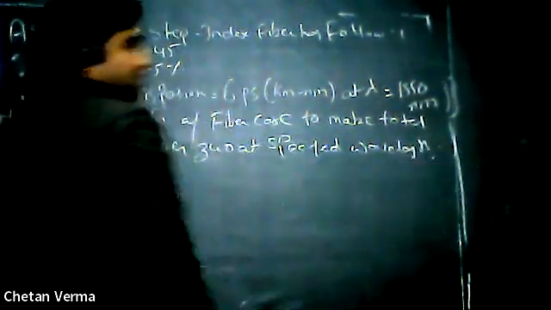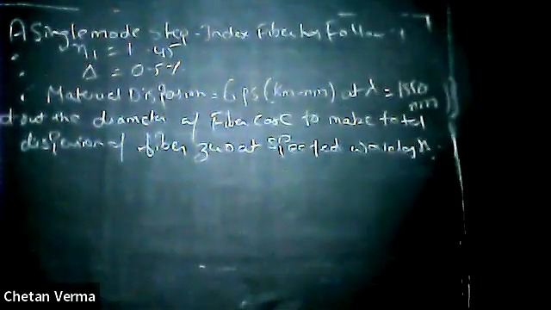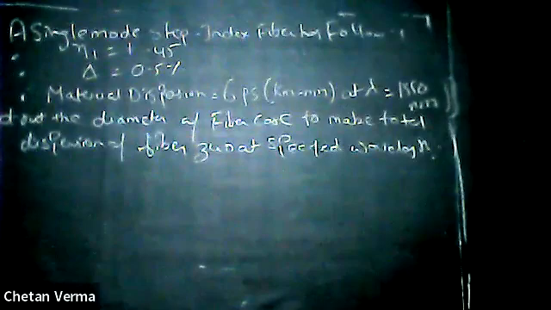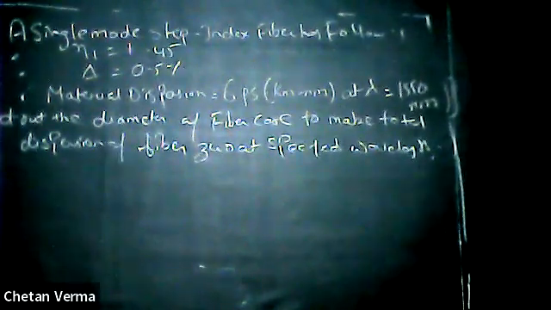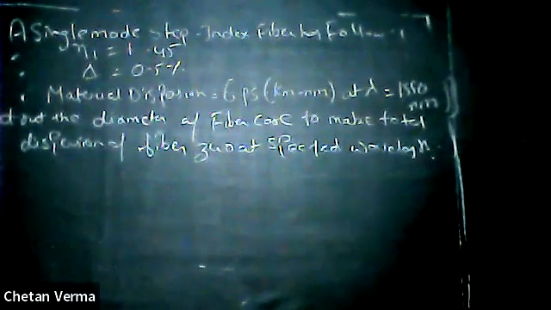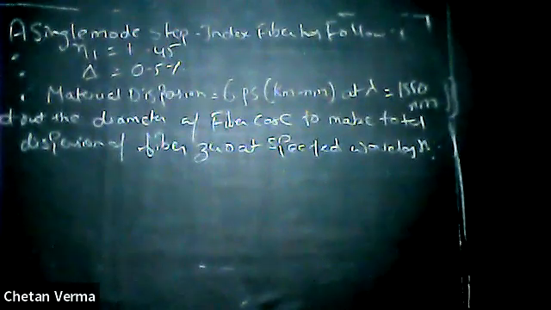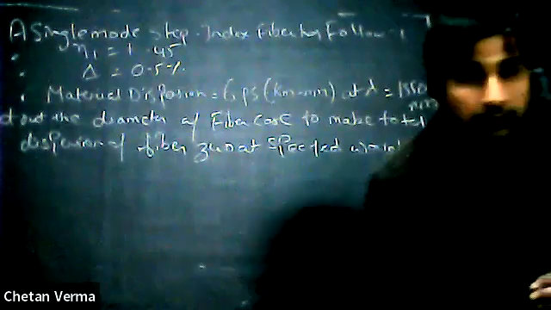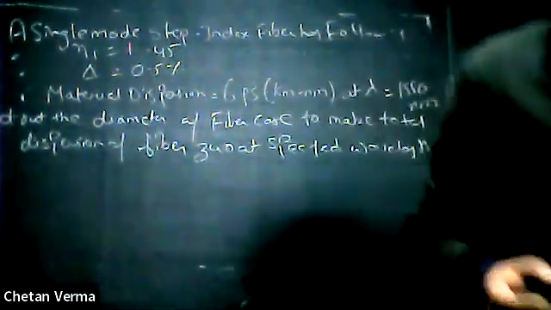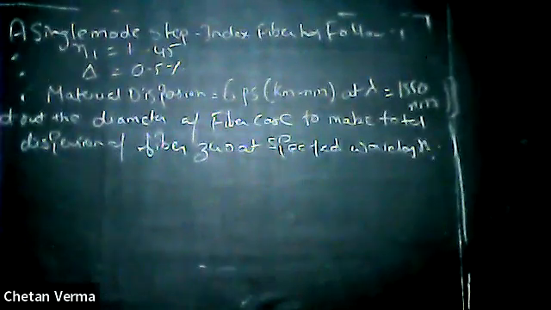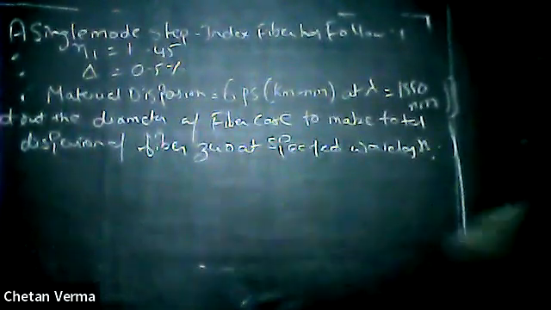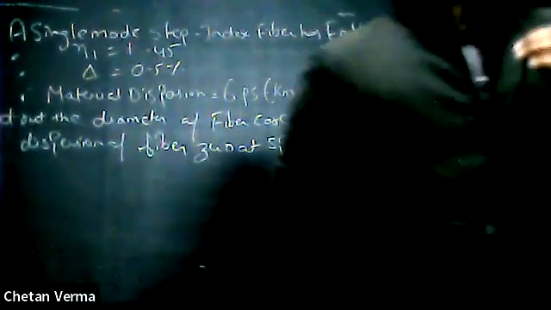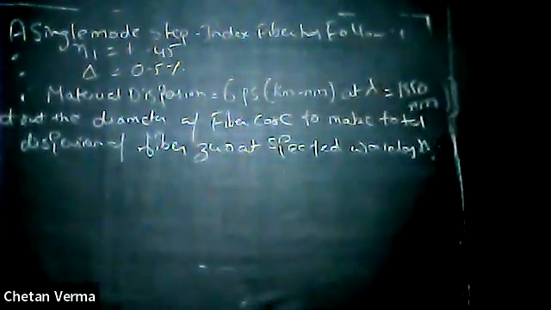So that is a statement of the numerical: a single mode step index fiber has the following specification. First, the fiber core refractive index is 1.45, and the relative refractive index difference is 0.5%. The material dispersion, if you calculate, is equal to 6 picosecond per kilometer nanometer at the wavelength of 1550 nanometer.